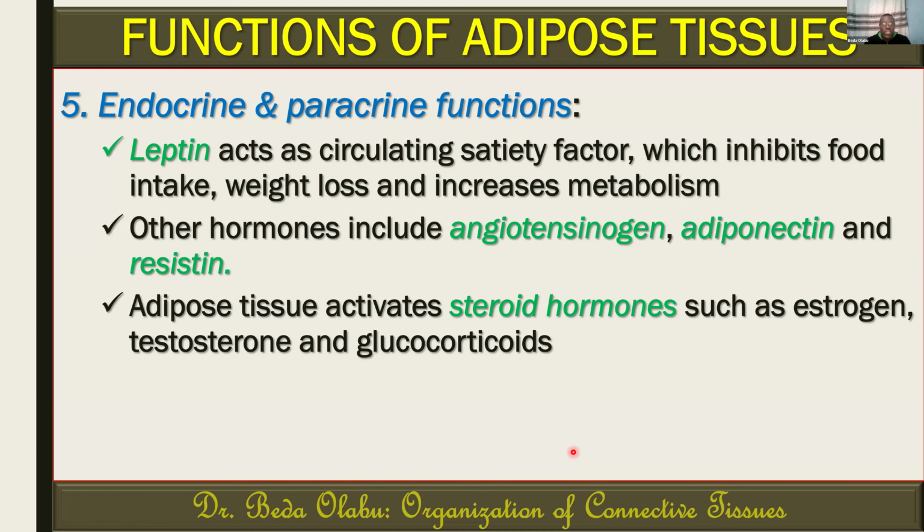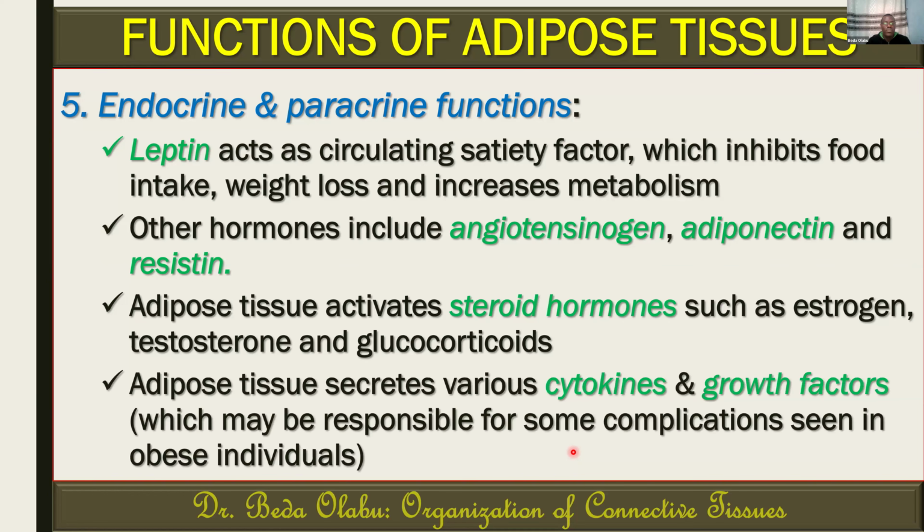These hormones are just being activated by adipocytes because adipocytes have enzymes that can convert these steroids into their actual hormones, estrogen, testosterone, and glucocorticoid. And that means, therefore, that the circulating levels of these hormones would be higher in people who are relatively obese.